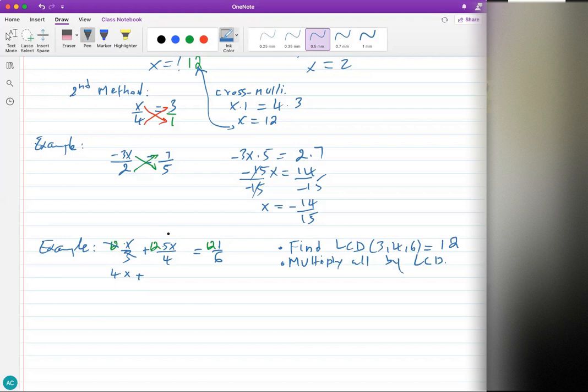Before multiplying, let's simplify to get rid of the fraction. So 12 by 3, that's right, 3 times 5x. Just bring the 5x down here. And repeat the same thing here. 12 by 6, that's 2 times 1.